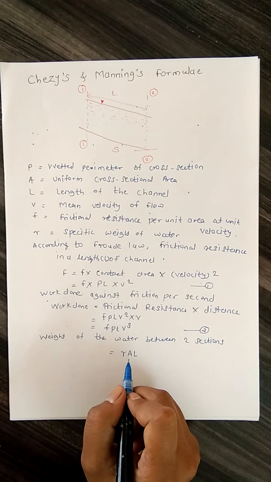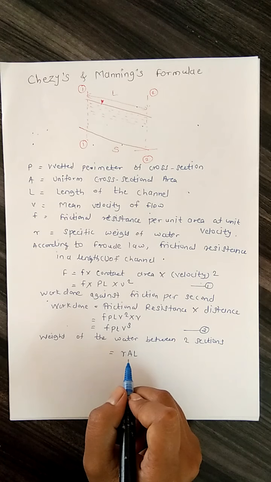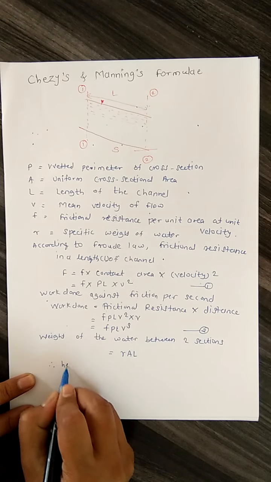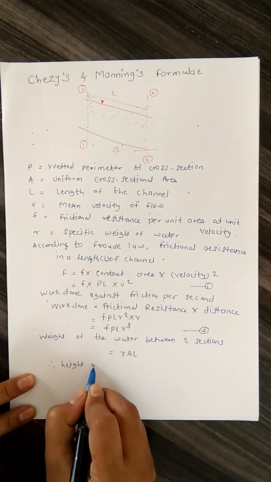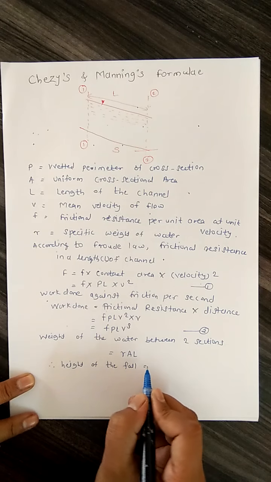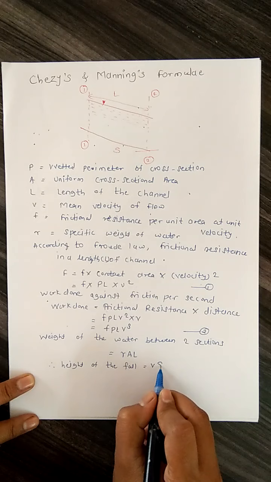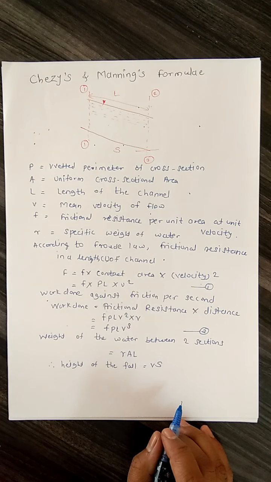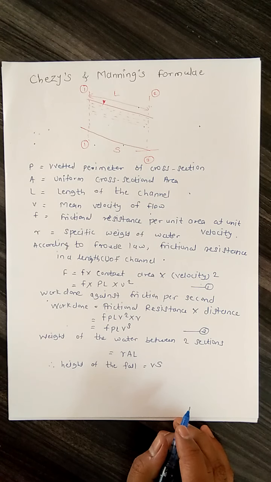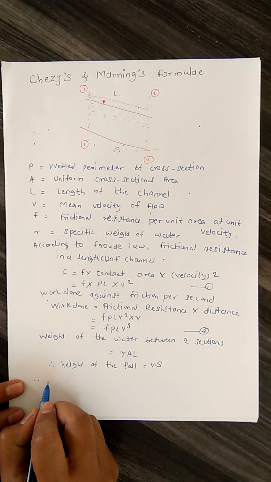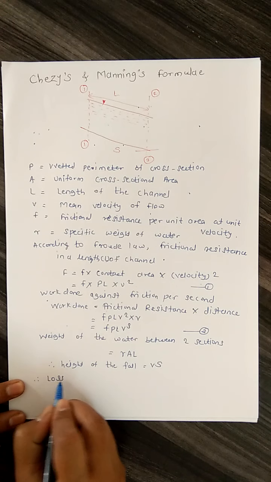So this amount of water will fall vertically downward by a distance V in 1 second. So the height of the fall is given by small v into s, where v is the mean velocity of flow and s is the bed slope.